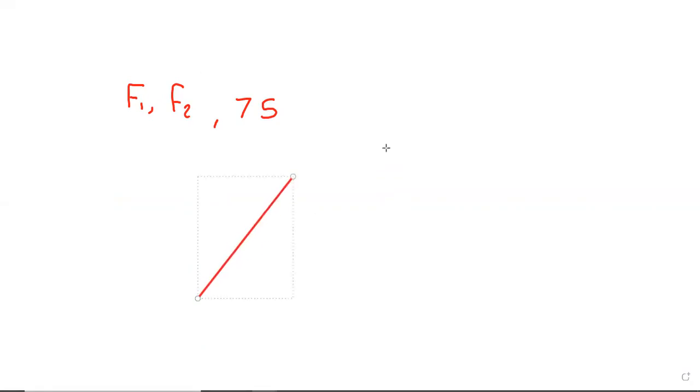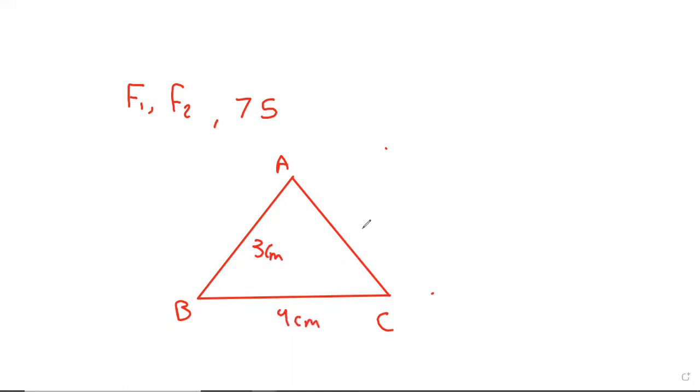So we will draw the triangle, and the triangle is ABC. We have AB, BC, and AC, respectively. AB equals 3 centimeters, BC 4 centimeters, and CA 5 centimeters. It's not to scale, by the way.